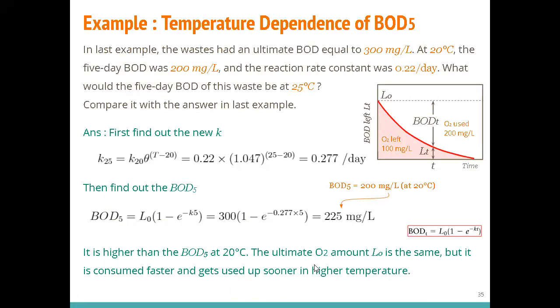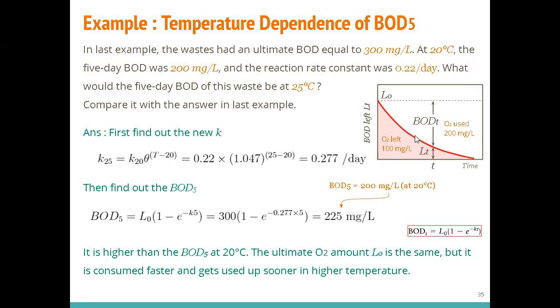So in the last example, we have the ultimate BOD, meaning L0, 300 milligram per liter, the concentration of dissolved oxygen demand. And at 20 degrees Celsius, the 5-day BOD was 200, this one, okay.